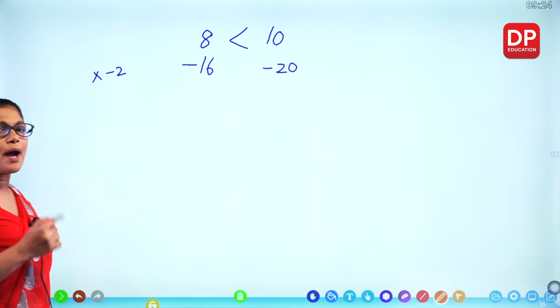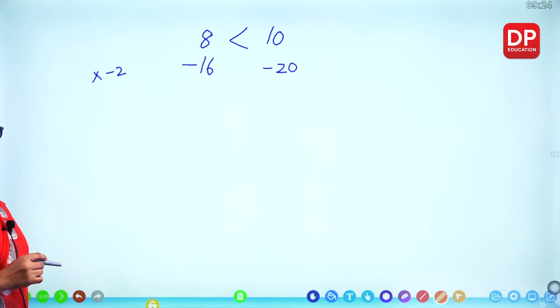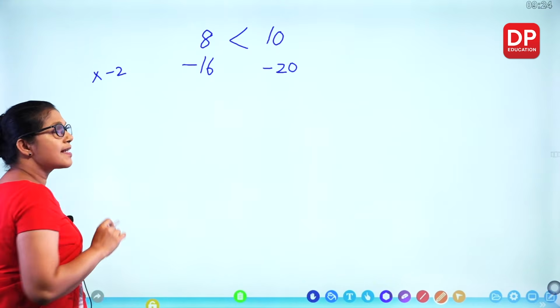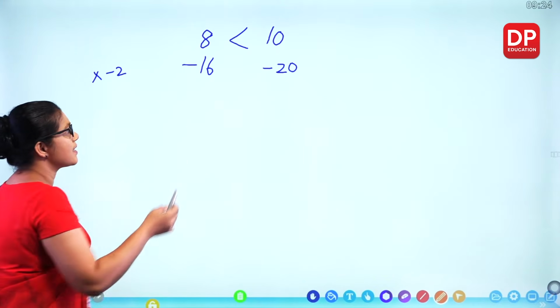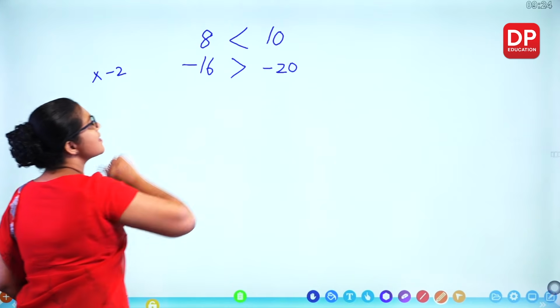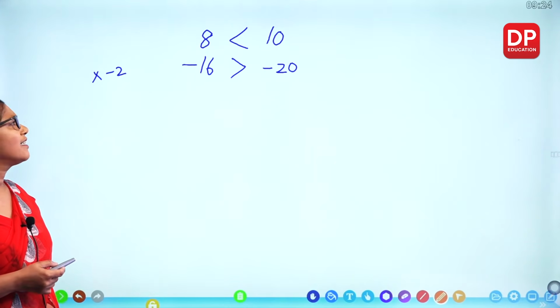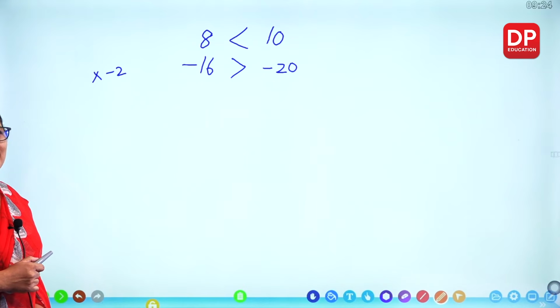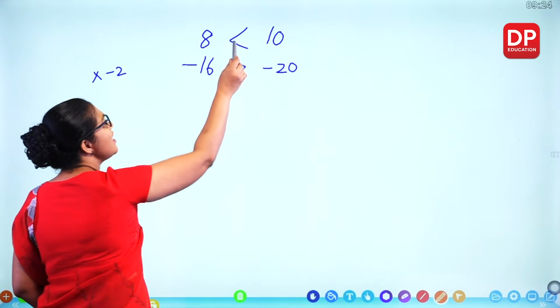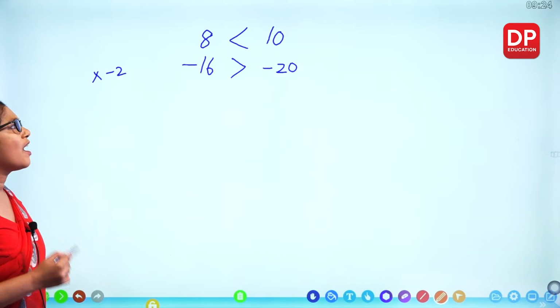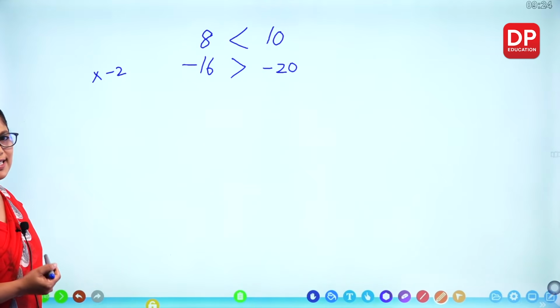When you look at the number line, which one is to the right side? Compared to minus 20, we see minus 16 is on the right. So minus 16 is greater than minus 20. Now what happens to the sign? The sign changes. Earlier it was less than, now it is greater.